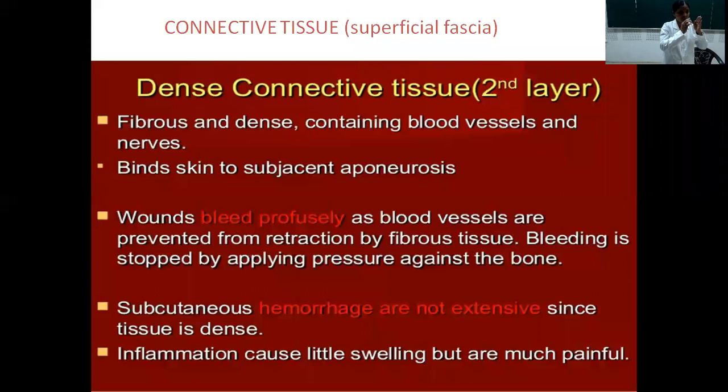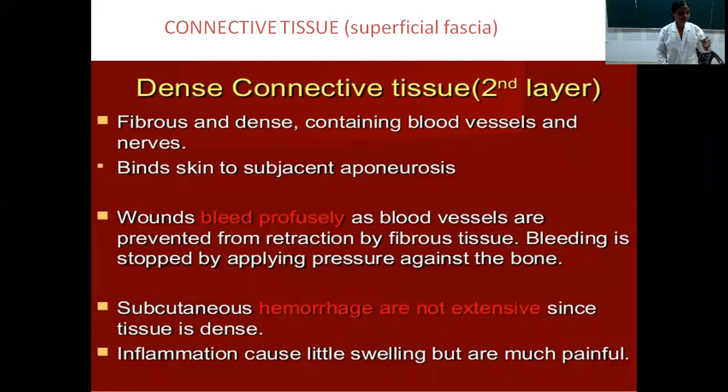It is unable to retract as it is connected to the densely arranged fibers, so these blood vessels bleed profusely. You can't restrict the bleeding easily, so we should compress the vessel against the underlying bone. Thereby you can restrict the bleeding, right?